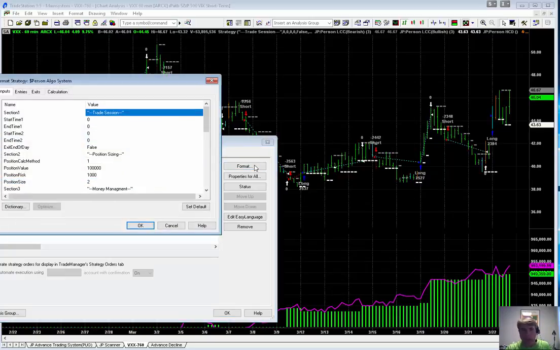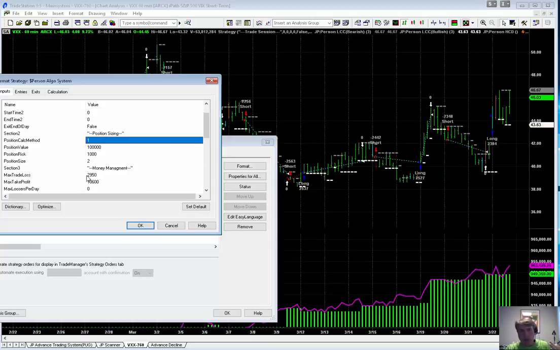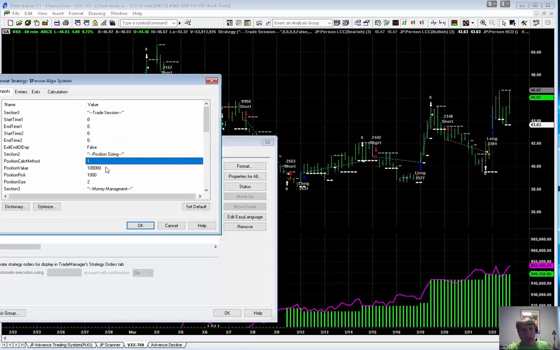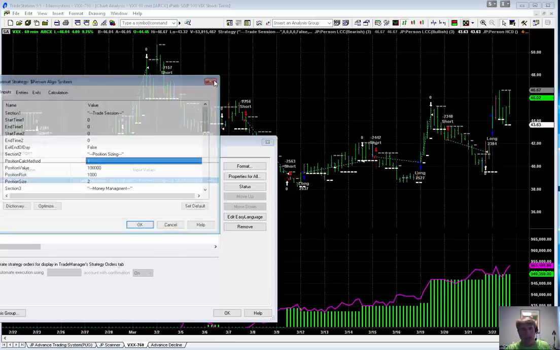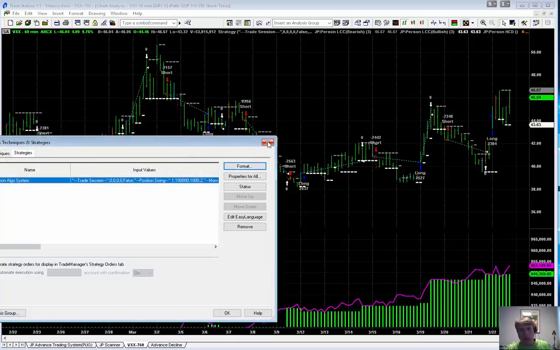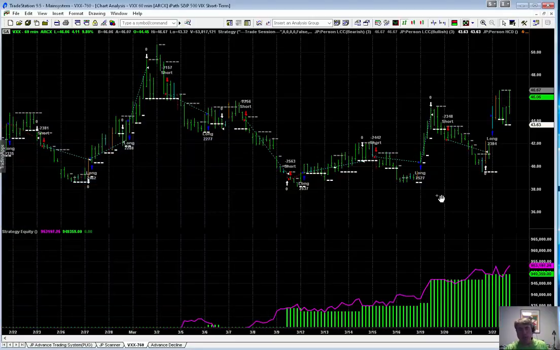So with that said, when you go to looking at format, you can see a couple things, and this is the same formula. It's using position calc method number one, and I keep talking about the other functions and the features of money management. There's like 9 different things that go in here that everyone can optimize for periods of volatility.